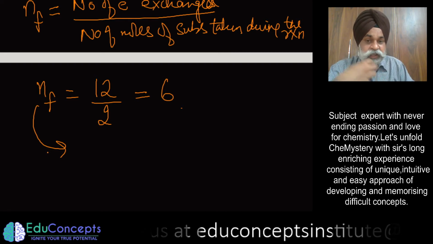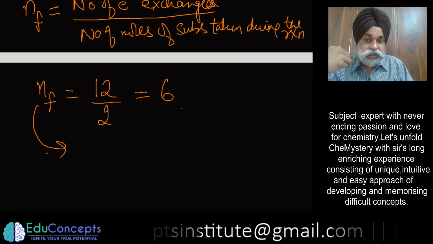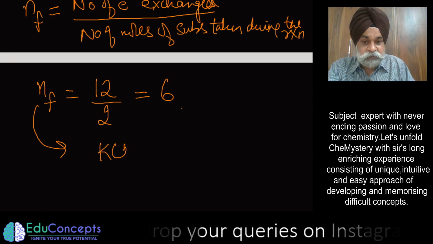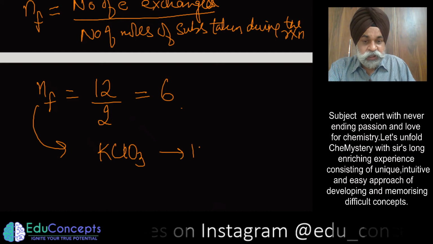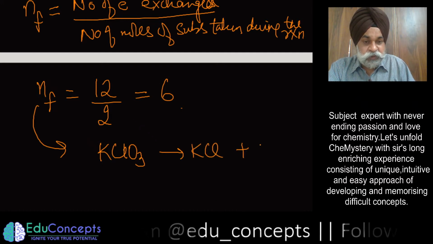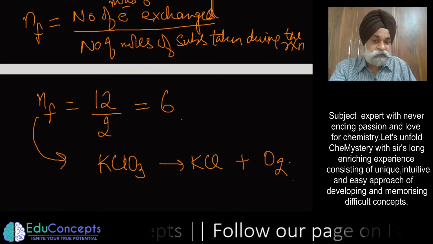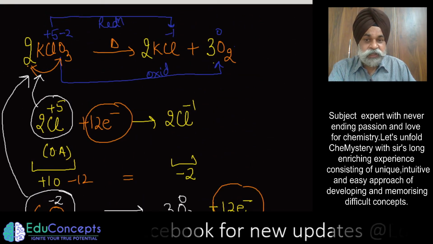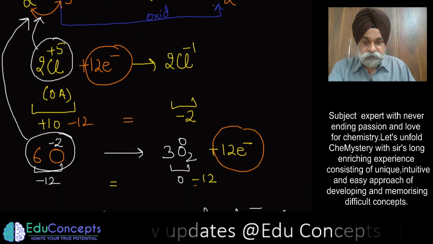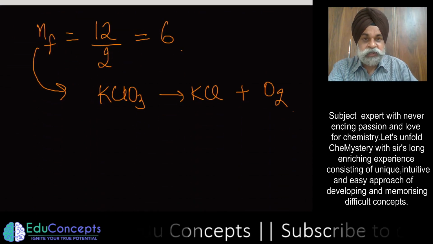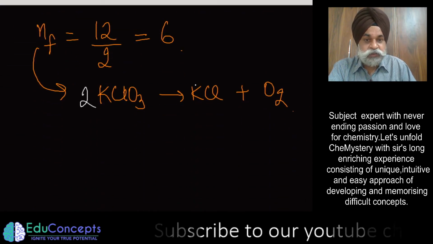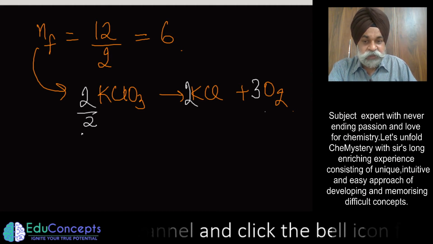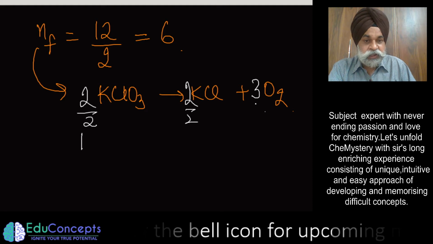It simply means, let me do it like this, that if I take simply 1 mole, for doing it for 1 mole, I have to divide this by 2. Because it is written here as 2, this is 2, this is 2, this is 3. So if I divide it by 2, this becomes 1, and this also 2, this also 2.